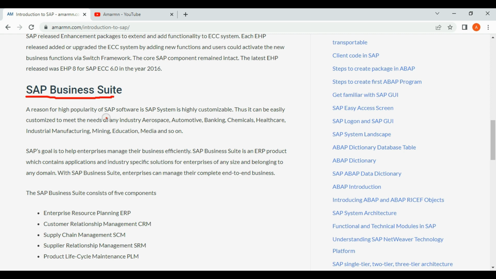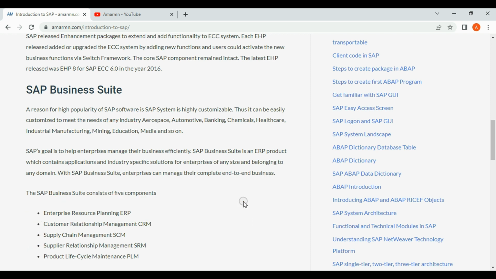Similarly, SAP Business Suite, we can say, is a complete solution given by SAP to enterprises, and this Business Suite can fit any industry like aerospace, automotive, banking, chemicals, healthcare, industrial manufacturing, mining, education, media, and any other vertical or industry. SAP Business Suite comprises some components: enterprise resource planning, customer relationship management, supply chain management, supplier relationship management, and product lifecycle management.